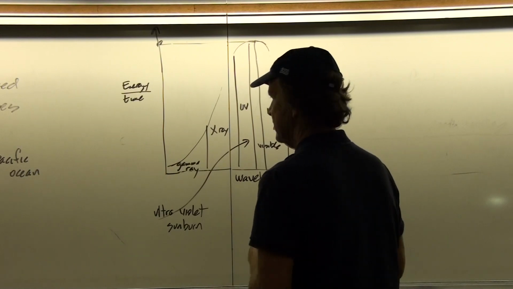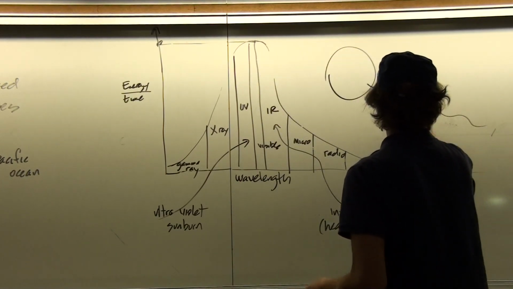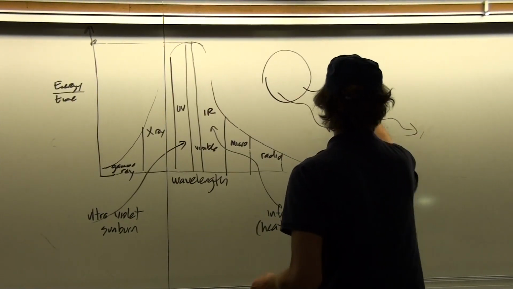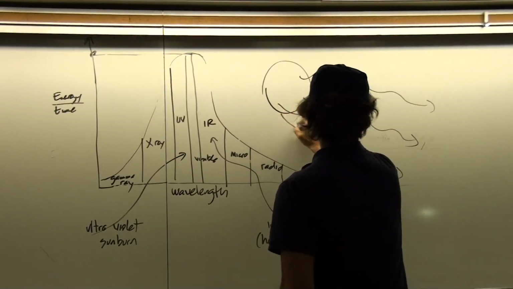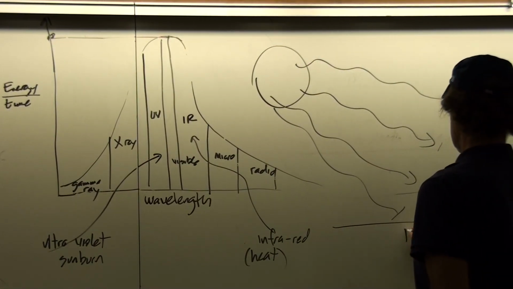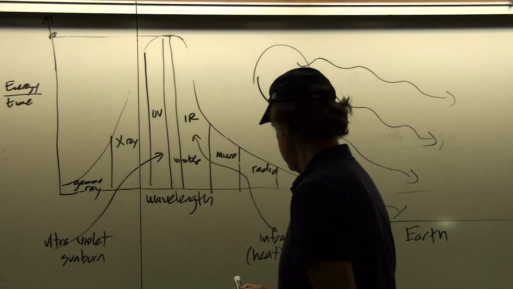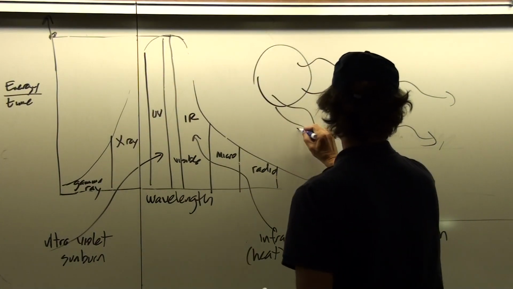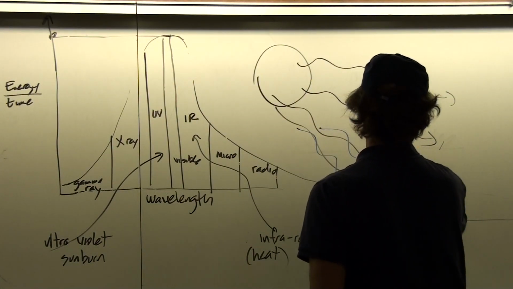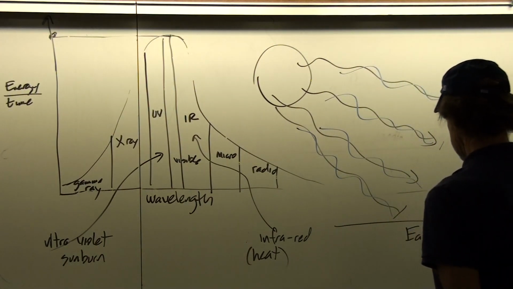But as that energy comes in from the sun to the earth, it changes form. We can think of this energy as being made out of little photons. And here's the earth. So these higher energy visible photons come in, and when they hit the surface of the earth, they're turned to infrared.